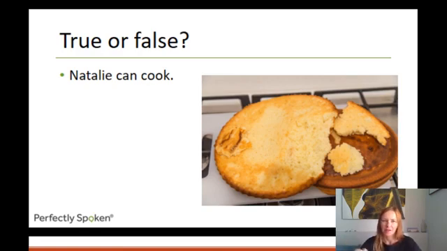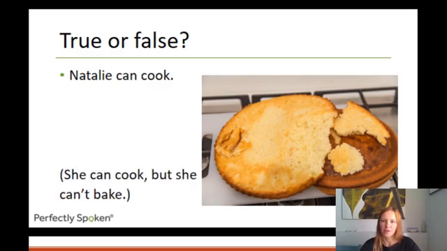But look at the cake. I can cook, but I can't bake. So she can cook, but she can't bake. No, I can't bake. Bake is when you cook something like cakes or biscuits. Cakes and biscuits, for me, are a disaster.